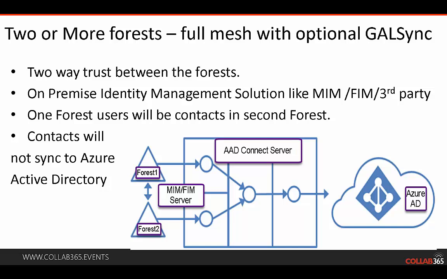In this option we have a two-way trust between two forests, and an on-premise identity management solution has been implemented, like MIM or FIM or any other third party, which is synchronizing both the ADs. So one forest's users will be created as contacts in the second forest. The contacts will not synchronize to Azure AD, so that's the goal.